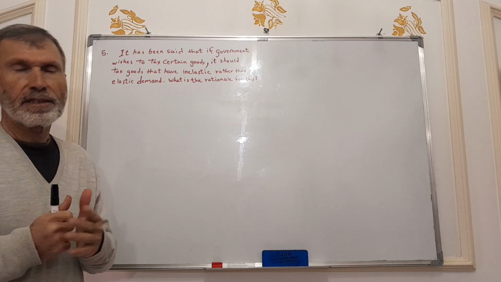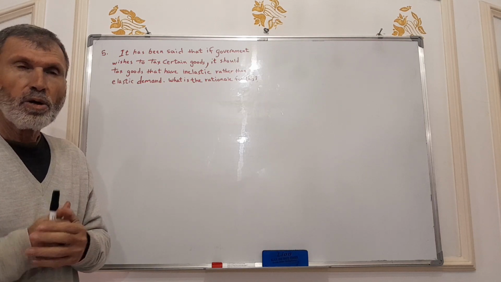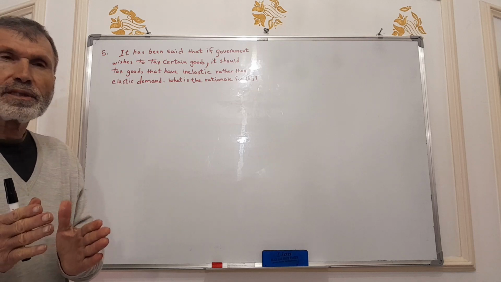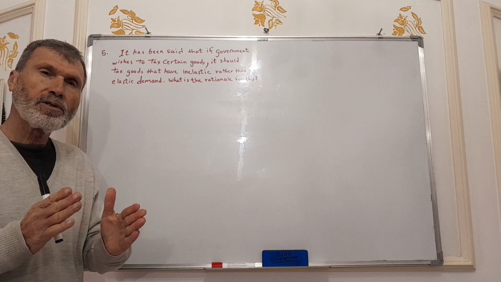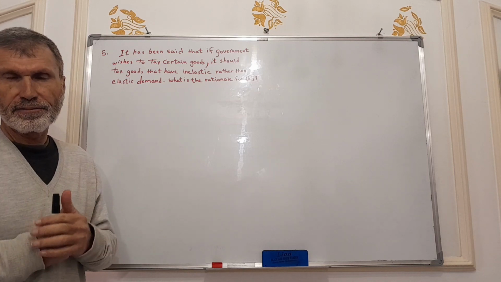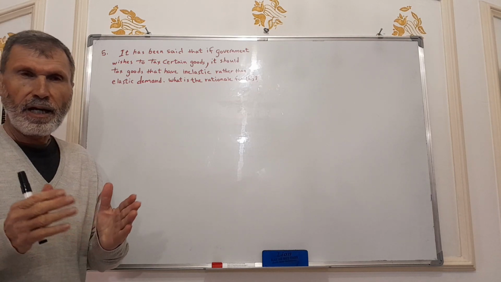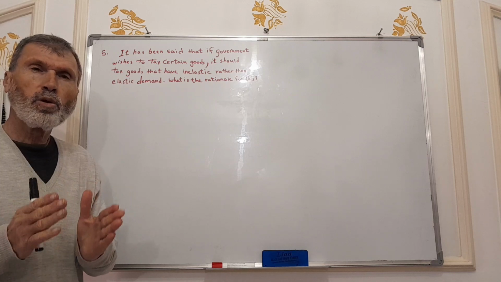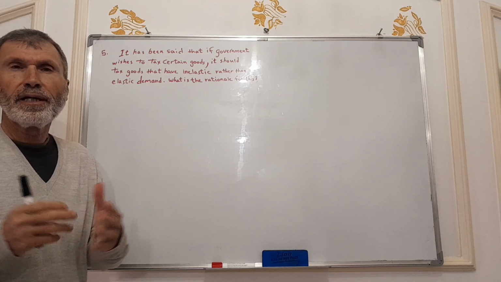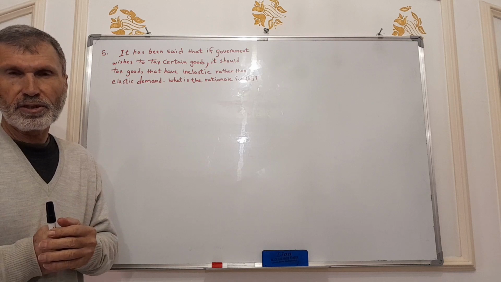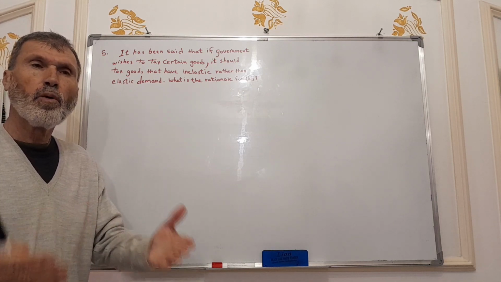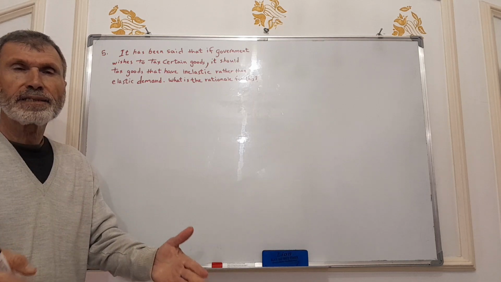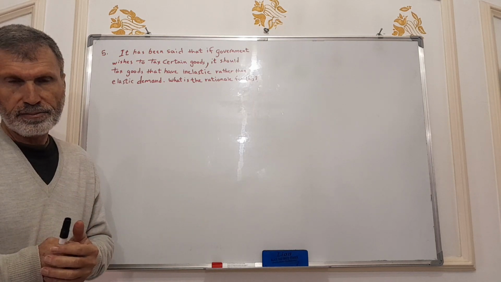Taxing inelastic demand goods will not cause the quantity demanded to decrease greatly, and therefore this won't harm the producers of these goods. Therefore, the government will be able to gain more tax revenues by taxing these inelastic goods.